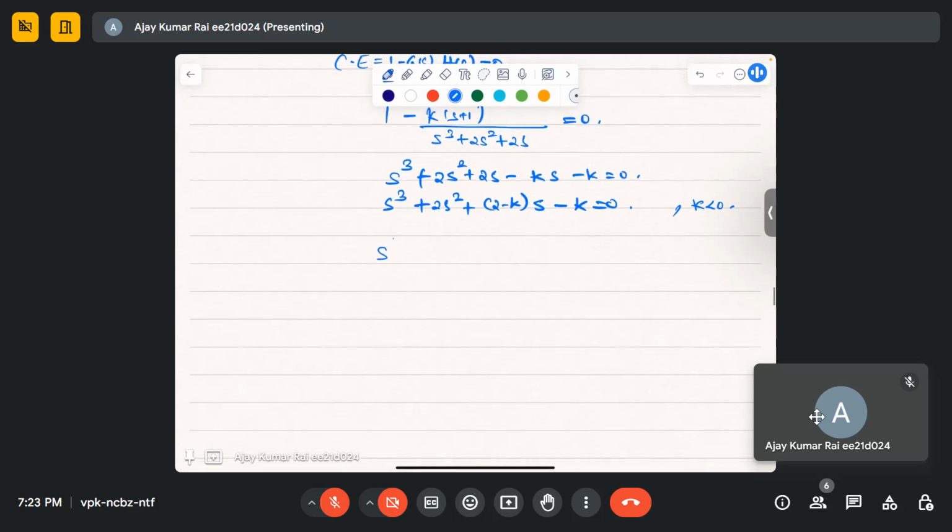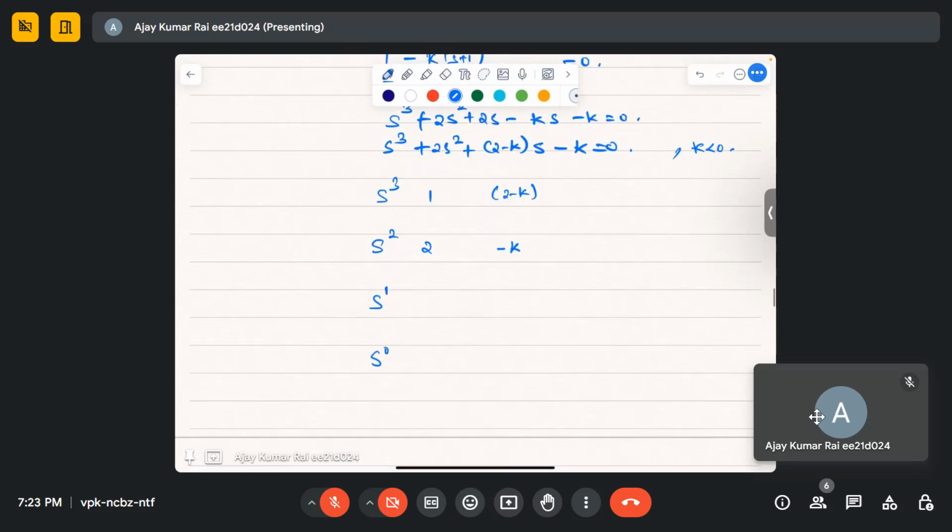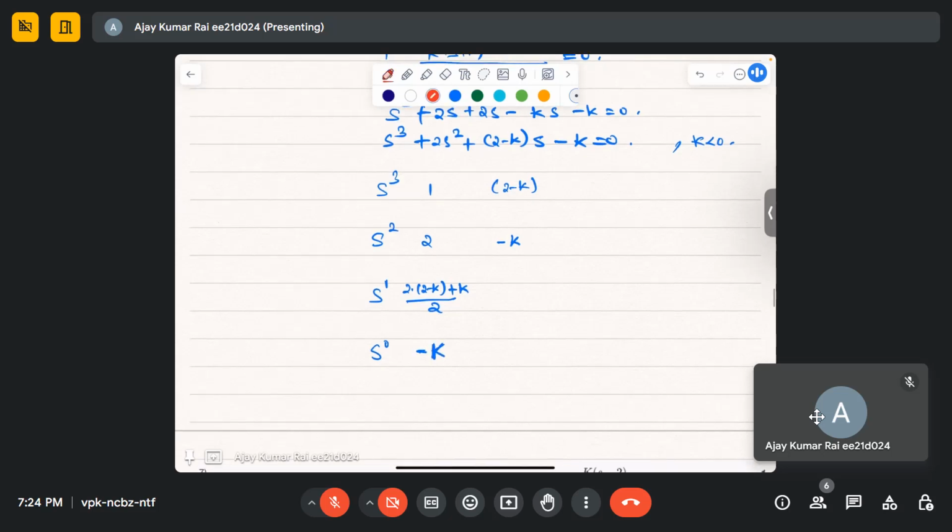Then s cube plus s square plus, if we plot this, this is 2 into 2 minus k plus k by 2, and this minus k. One condition we know is k is less than 0.